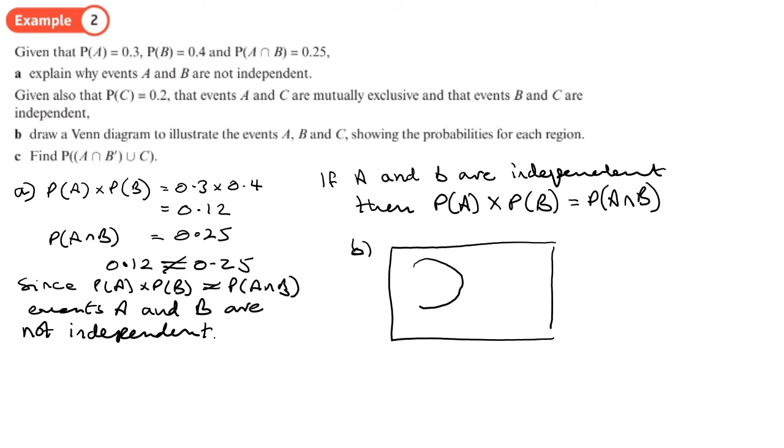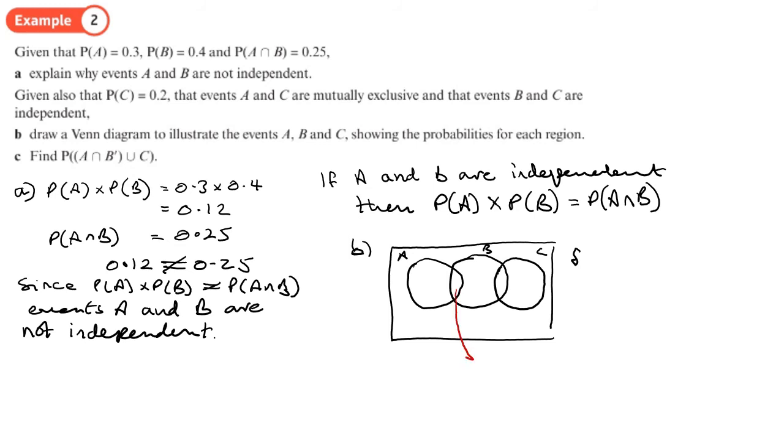So A overlaps with B, and B overlaps with C, but C doesn't overlap with A, so maybe something like that will do. So here's my sample space there. Whenever you do a Venn diagram, fill in the overlaps first. So I'm going to struggle to get the numbers in.